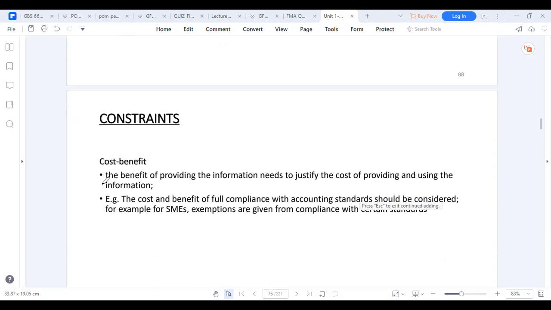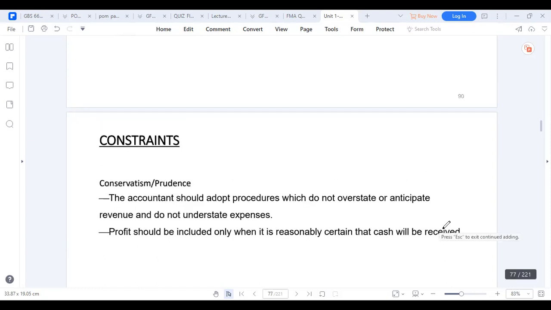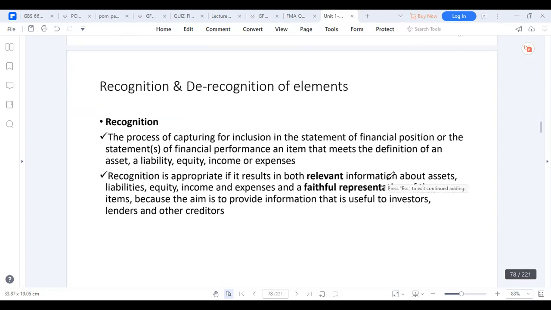And conservatism or prudence simply assumes that the accountant should adopt procedures which do not overstate or anticipate revenues, or understate the expenses. So sometimes you need to use the prudence concept to avoid people overstating or understating profits in their financial statements.